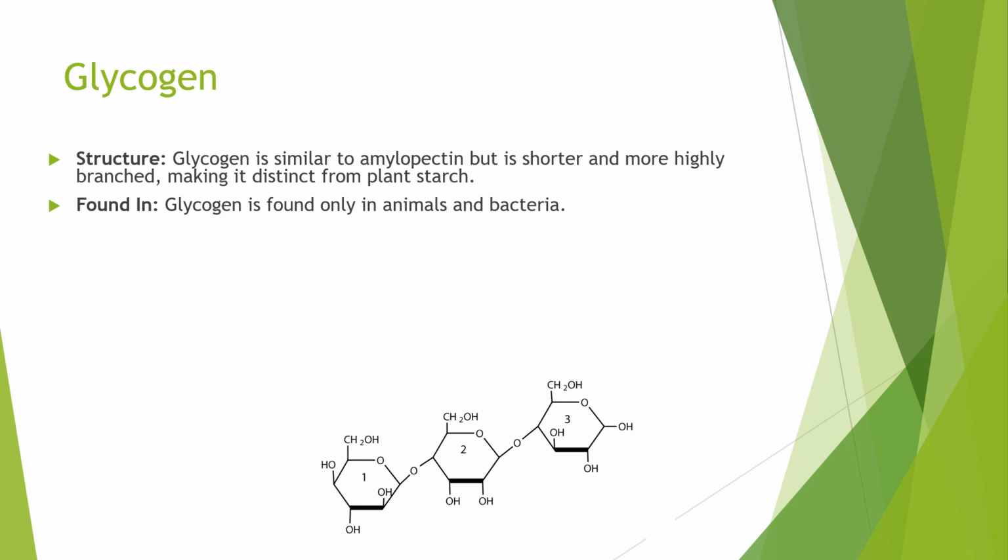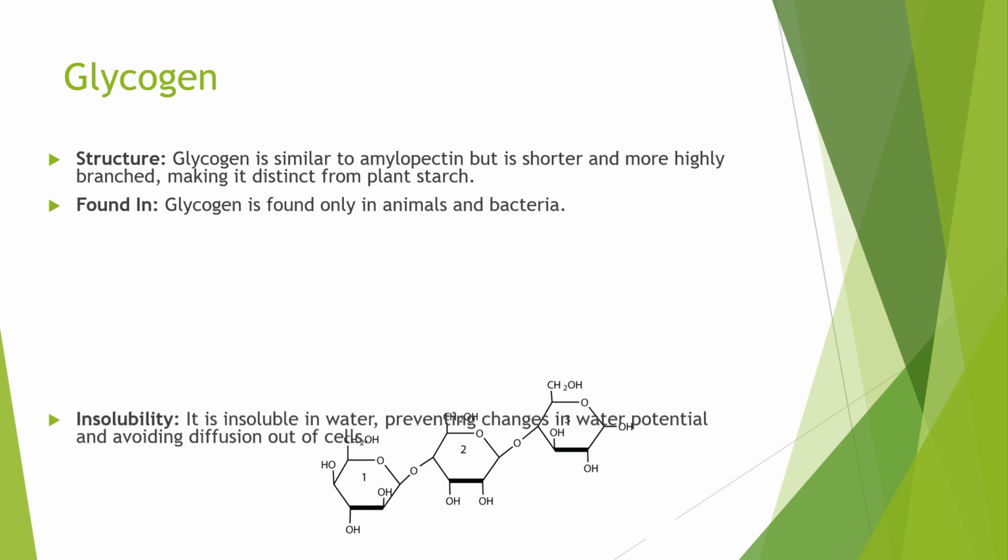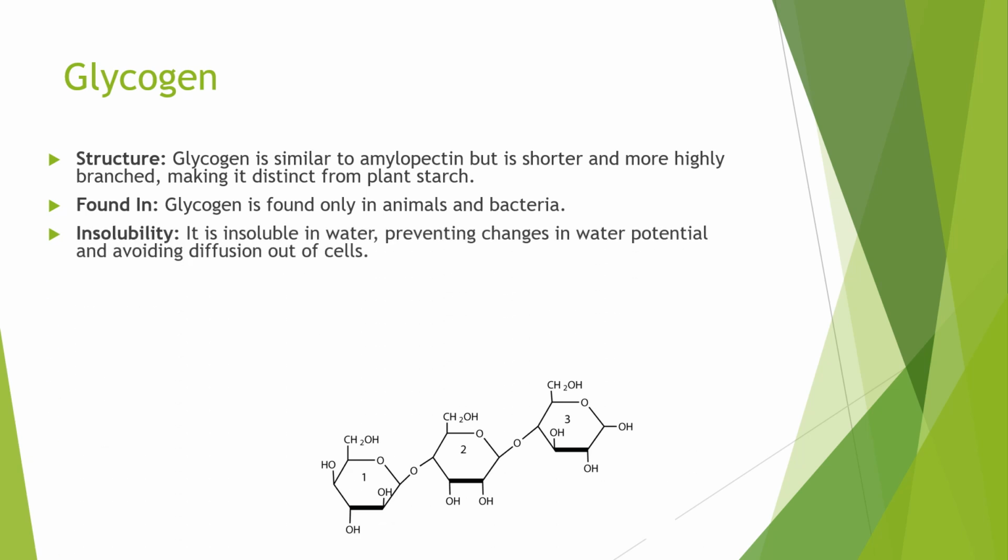Glycogen is primarily found in animals and some bacteria, and is especially concentrated in the liver and muscles. These organs use glycogen as a readily available energy reserve. Unlike starch, which is used for storage in plants, glycogen is specifically adapted for the needs of animals. Like starch, glycogen is insoluble in water.